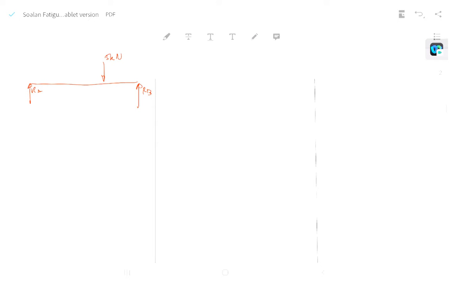So you will have the shear diagram, then the moment diagram.